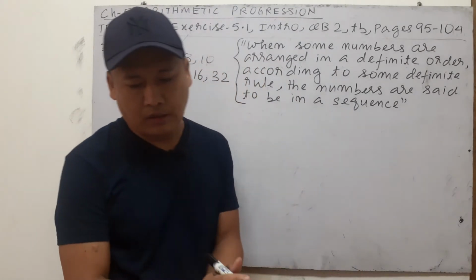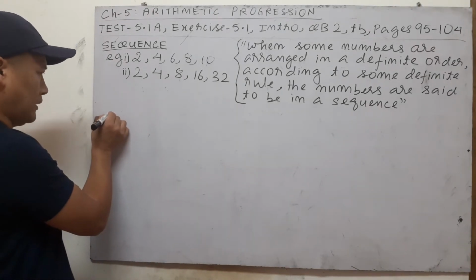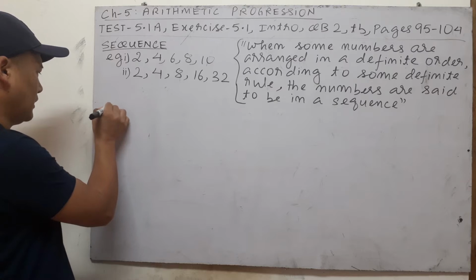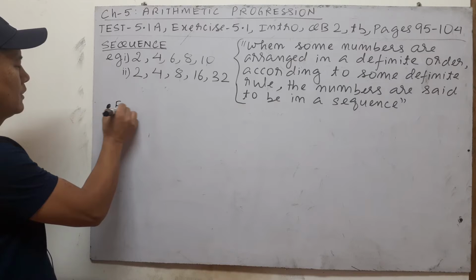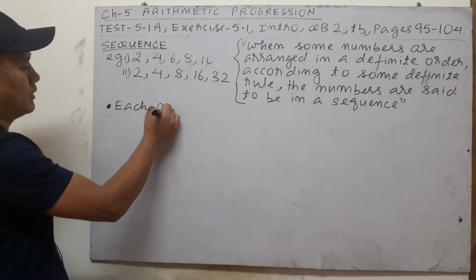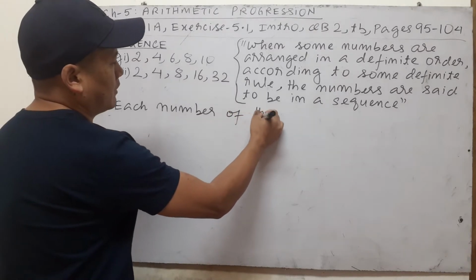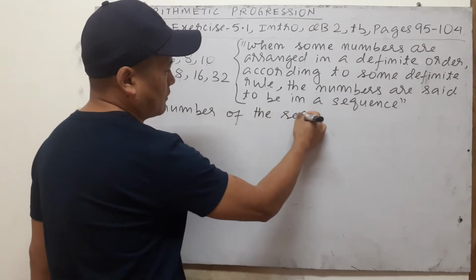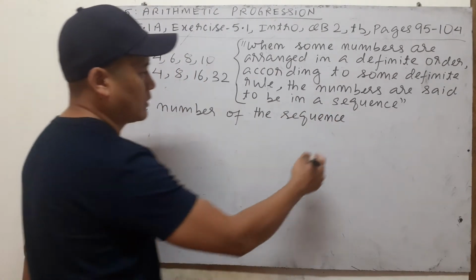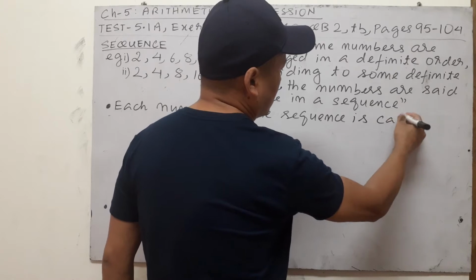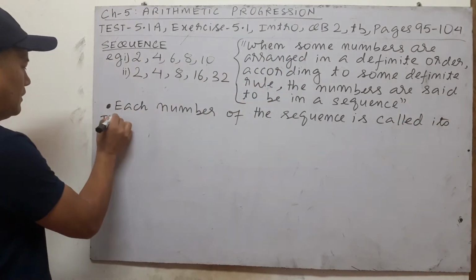Now under this we have to add an important point, so I'm going to add that in a bullet. Each number of any sequence: if you have a sequence, each item or number of the sequence is called its term.